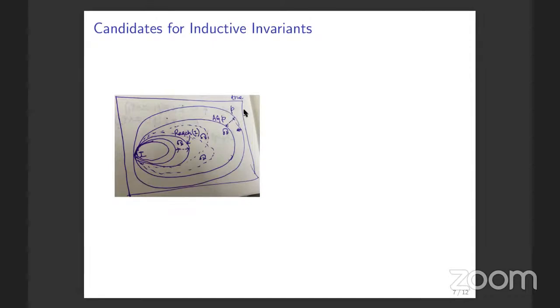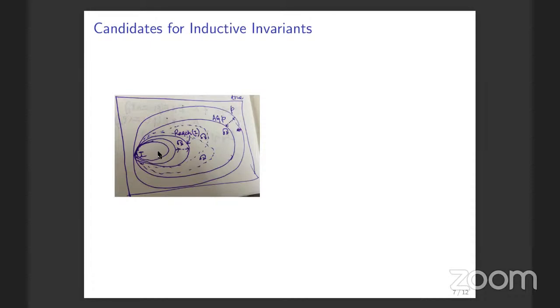Given an invariant property defined by a predicate P, there are several candidate inductive invariants that you can use to prove P. The forward model checking method computes the least fixed point, the reachable states, as I've shown here.